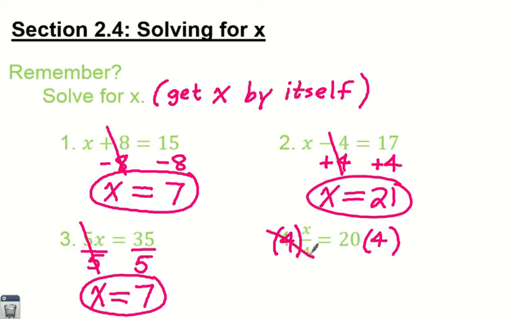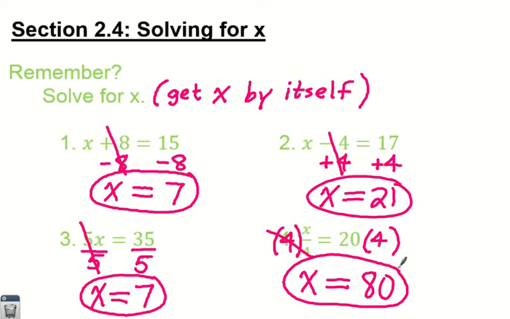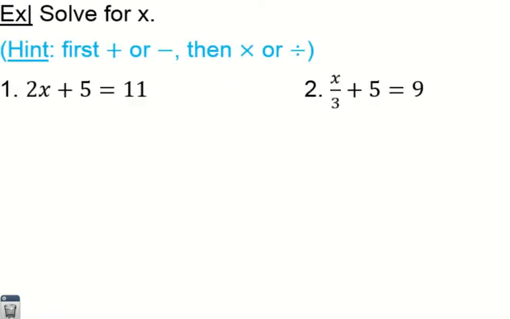So that'll cancel out that 4 and leave x by itself. And on the other side, 20 times 4 is 80. I don't know if you need your calculator for that. But anyway, those 4 problems should be stuff that should already be pretty familiar, and it should be a pretty learned skill already before we even do this lesson, or before we even took this class.